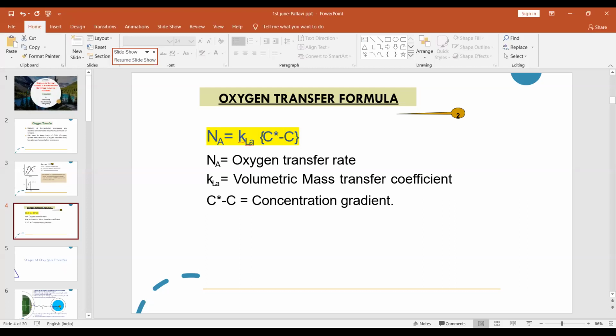If you have read about mass transport phenomena, whenever something is transferred from one phase to another, for example from a liquid phase to a solid phase, or from a gas phase to a solid phase, the area of contact between the two phases is very important for the transfer. The more the surface area of contact between the two different phases, the more the transfer. So this is exactly what this formula is showing me, that OTR is given as KLA.